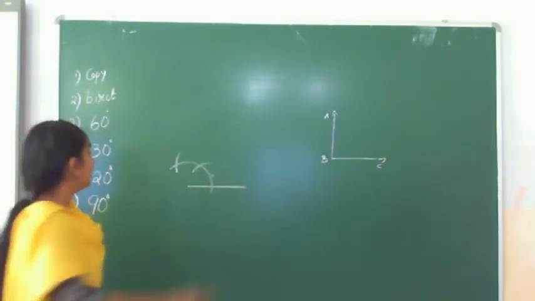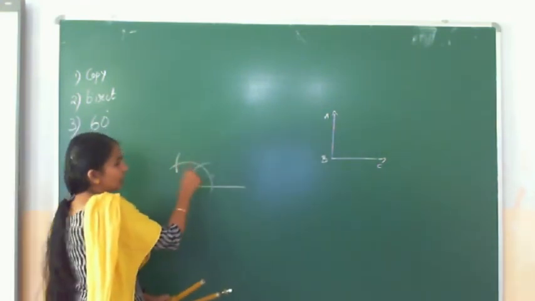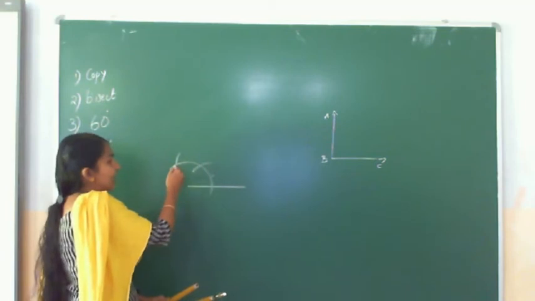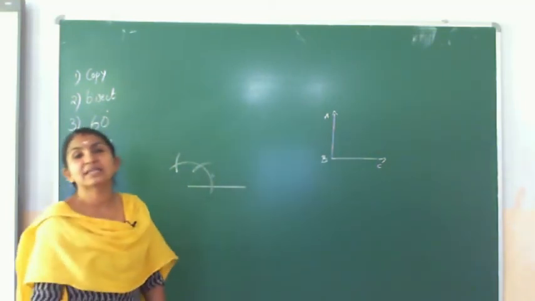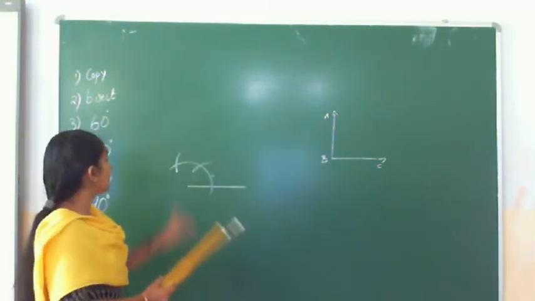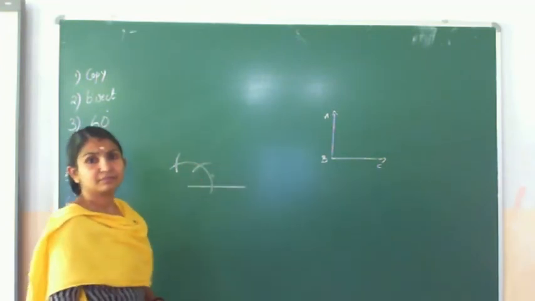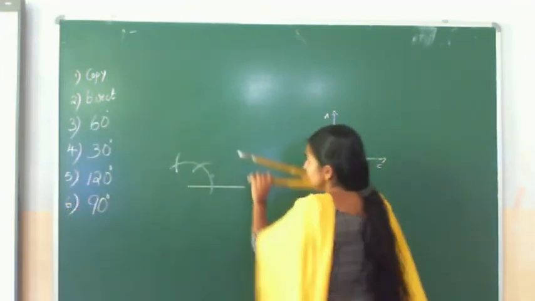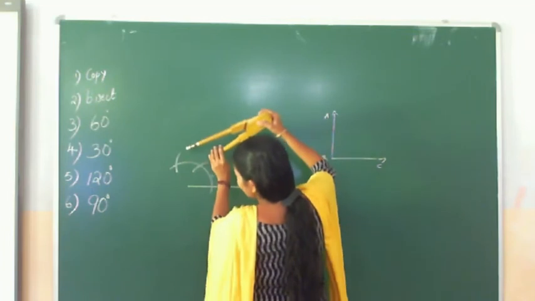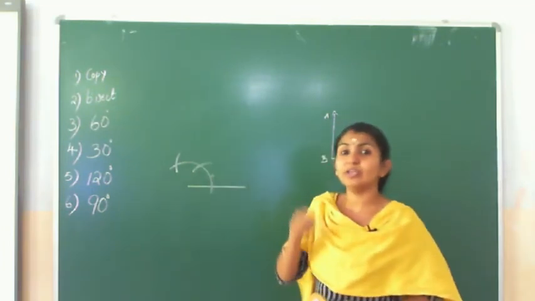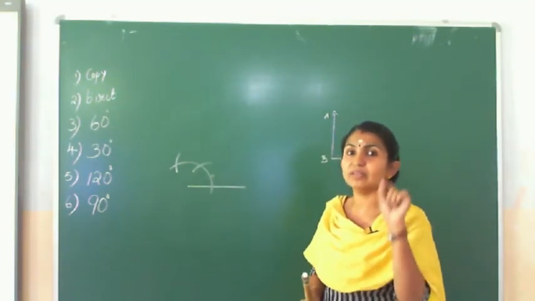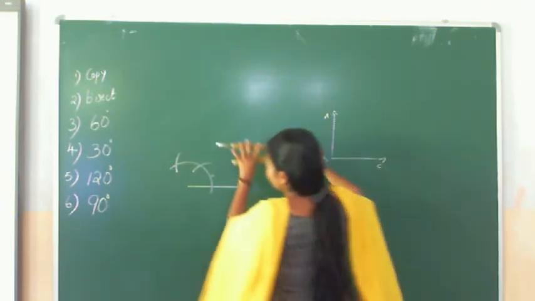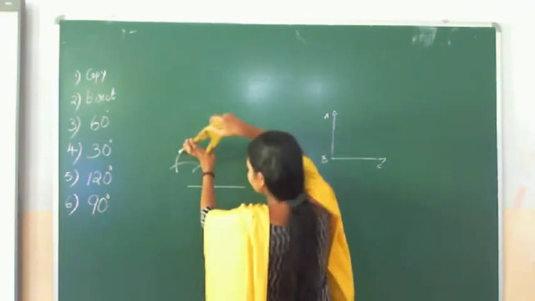So what we need? Now these two arcs are here, means the 60 and 120. Its bisector we want. How we can bisect these two angles? Take our compass. This length we have to take. When you are drawing, your pencil should be a sharpened one, then you will get the correct one. Okay, I took the same.